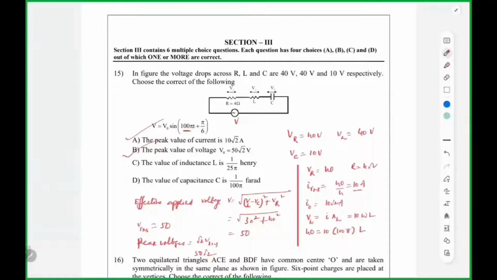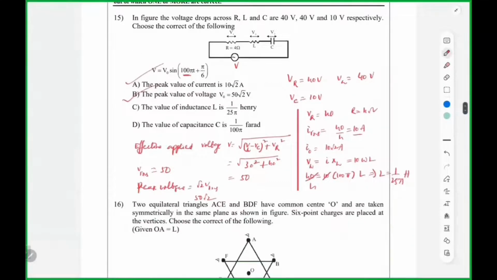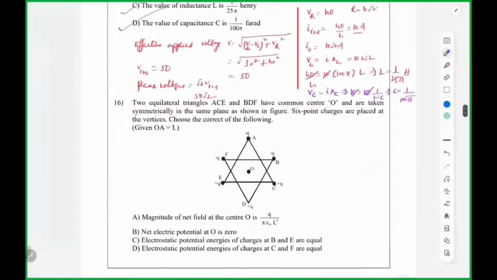So L will be 1 by 25 pi Henry. Next, the potential drop across the capacitor will be I XC. VC here is 10, I is the RMS current, XC will be 1 by omega C. C will be 1 by omega times that, where omega is 100 pi. So all four options are correct.